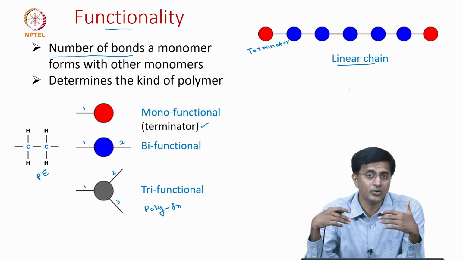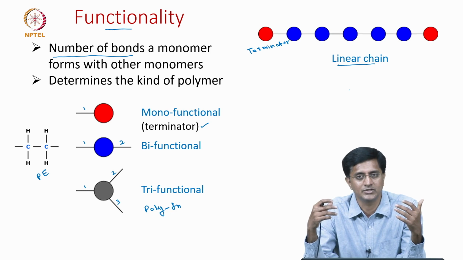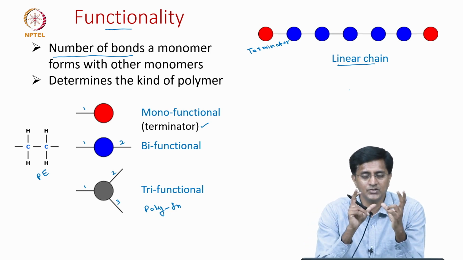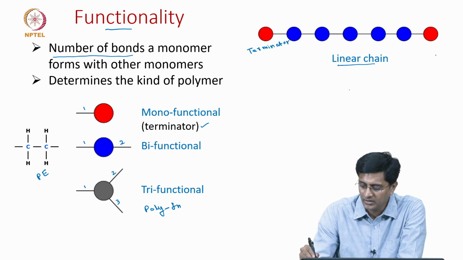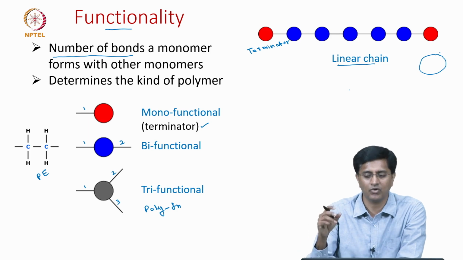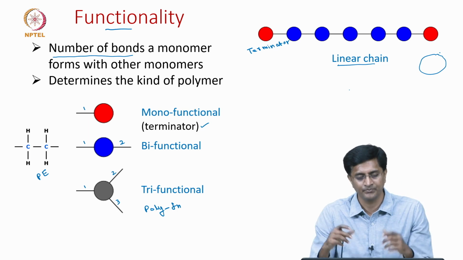And you can as well ask what happens if I do not add these terminators. These polyethylenes can form a ring, because then the two ends join by themselves and form a chain. But once you add terminators, then you have these open chains.